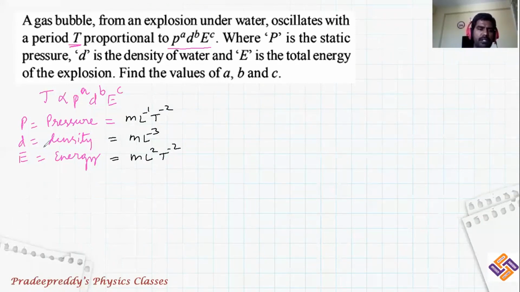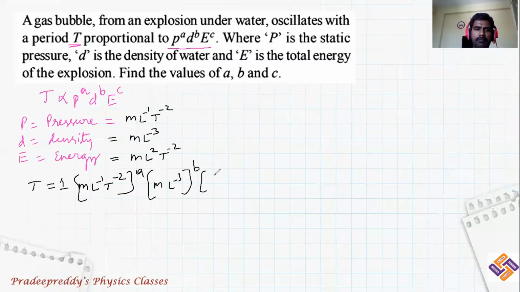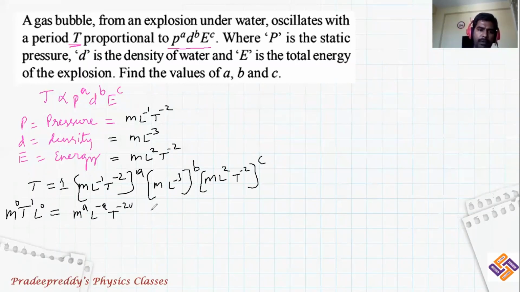Take these dimensions and substitute in this T. T is equal to, proportionality I am removing and I am including a constant 1, P is M, L power minus 1, T power minus 2 raised to power A. Density is M, L power minus 3 raised to power B, and energy M, L square, T power minus 2 raised to power C. On the left side there is no M and there is no L. So I will write it as M power 0, L power 0, T power 1 is equal to M power A, L power minus A, T power minus 2A, M power B, L power minus 3B, M power C, L power 2C, T power minus 2C.